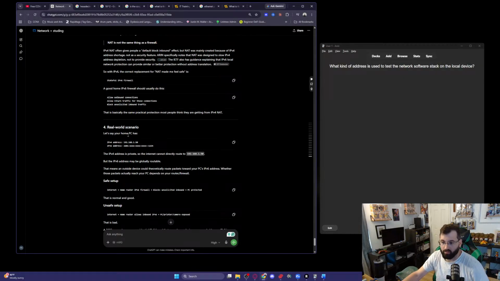So let's say your home PC is this and it's this. Your IPv4 address is private, so the internet cannot directly route to it, but your IPv6 address may be global. So then how do I know? That's also really irresponsible. I know that we have a crap ton of IPv6 public addresses, and that's how we ran out of the internet back in like 2008 or whatever, because we ran out of all the IPv4 addresses.